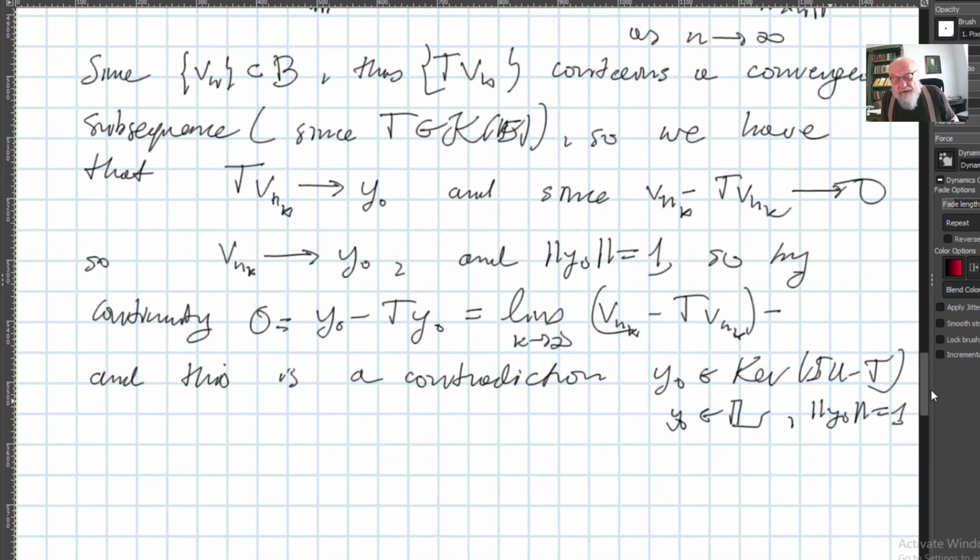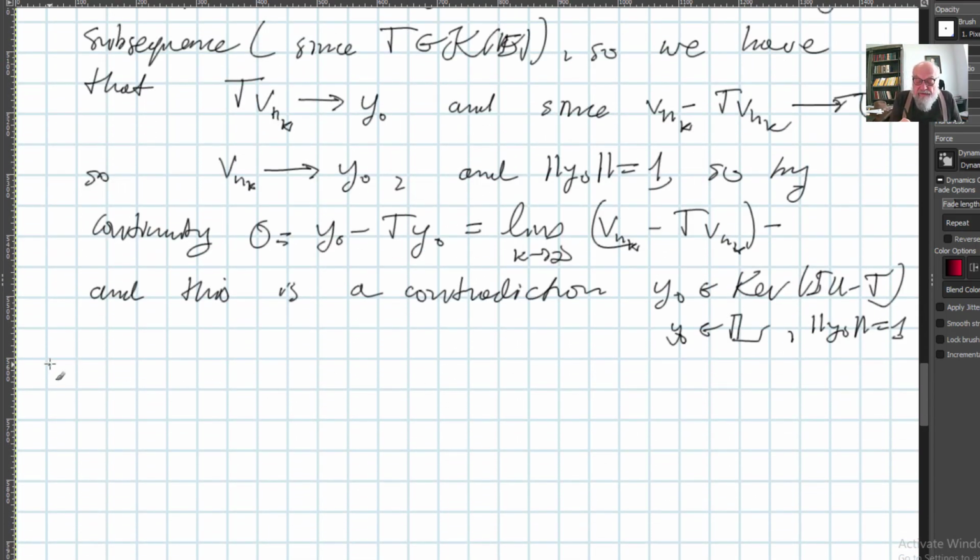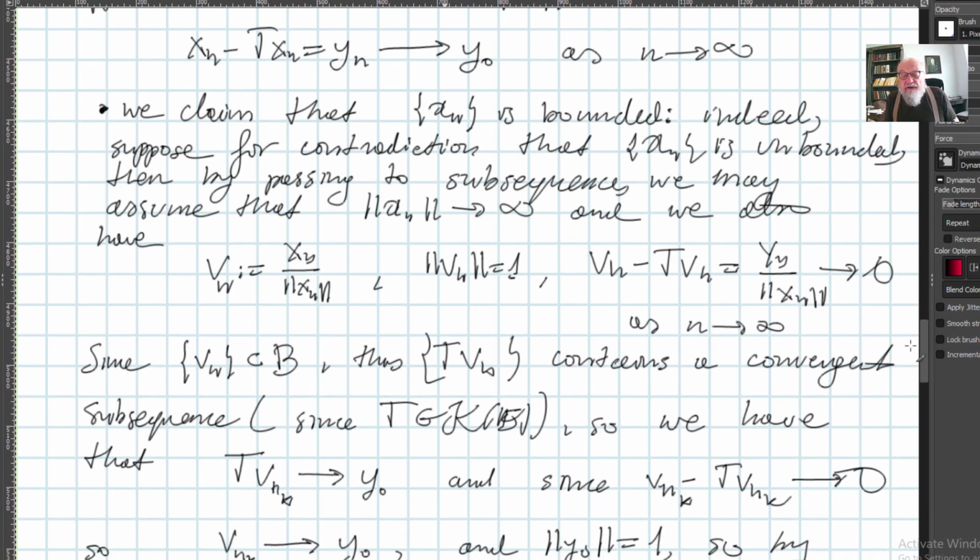So contradiction. So we proved it. So maybe put it with 3 stars, because this was just simply a justification of this claim. So that is all here for this claim.